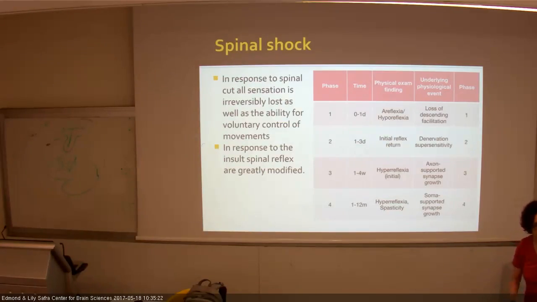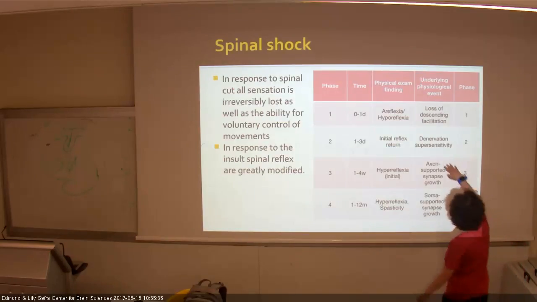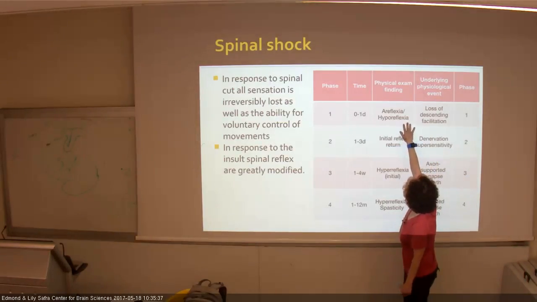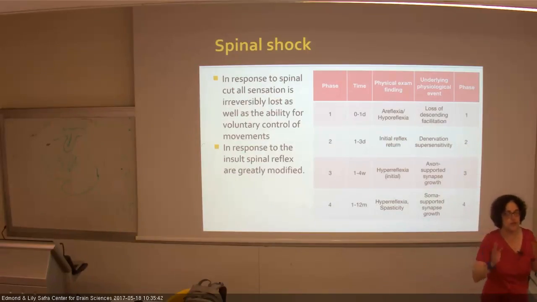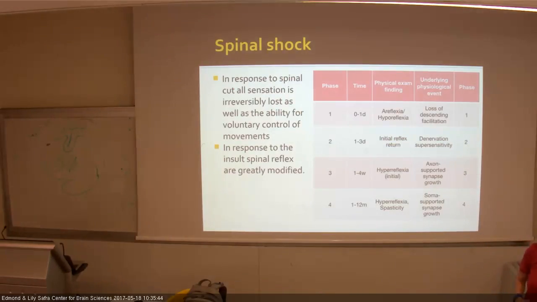In response to this insult, there are a series of events that can tell us something about how important the connection is. The first day you have a complete areflexia, due to the loss of descending facilitation.